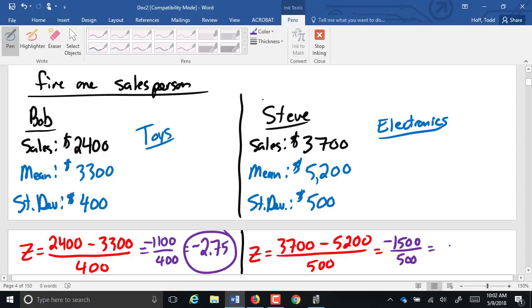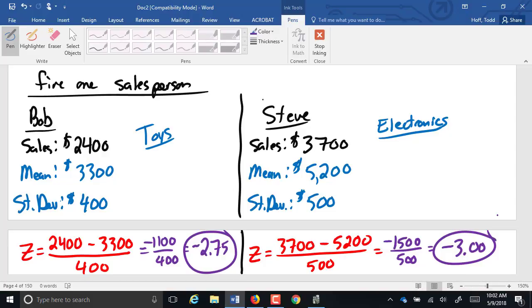Negative 1,500 divided by 500 is a negative 3.00. Steve's sales were 3 standard deviations. That's what the negative means, is below the mean. If it was positive, it's above the mean. Because of the negative 3, Steve was 3 standard deviations below average, which means, sorry, Stevie, he's gone.